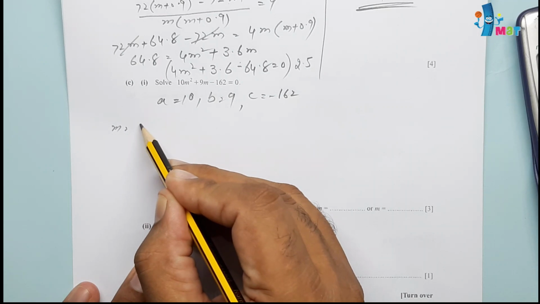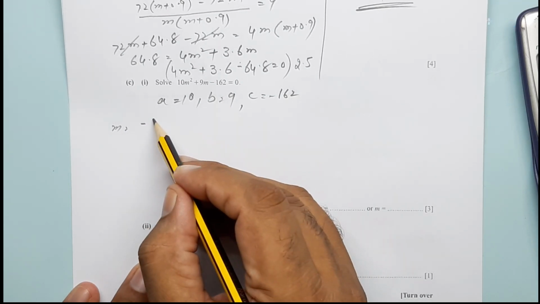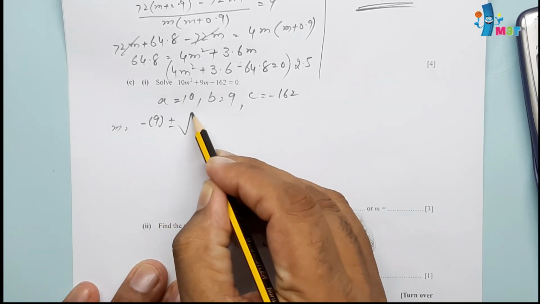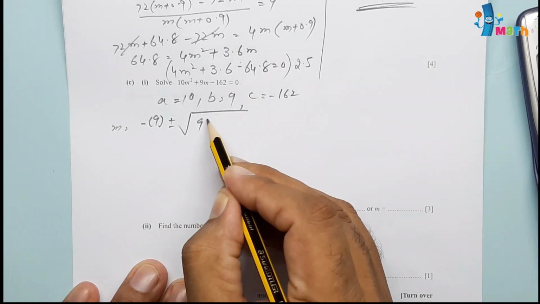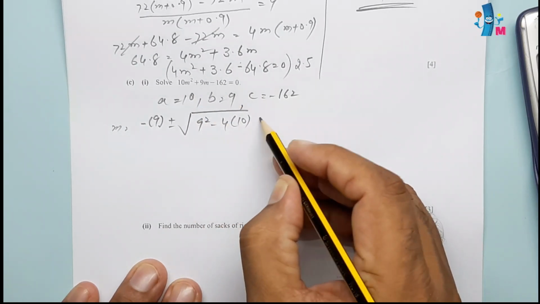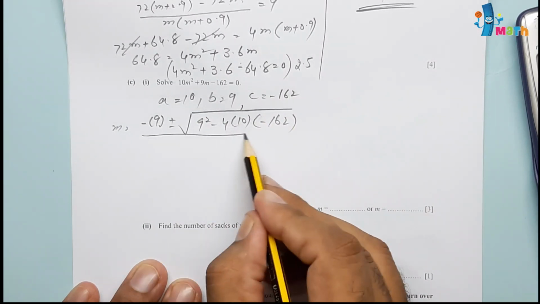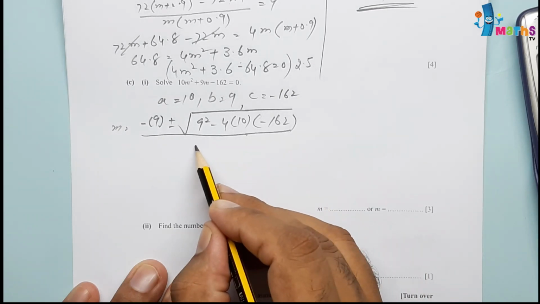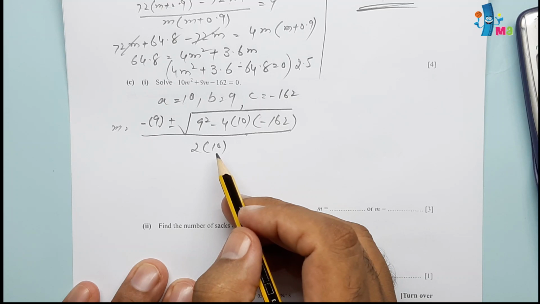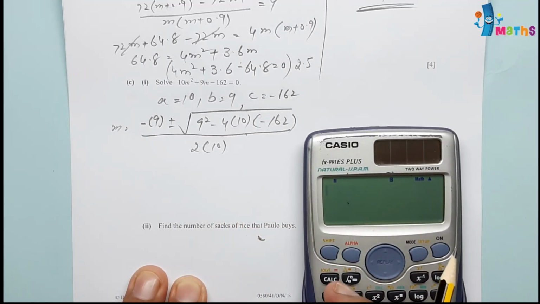So m will be equal to minus b, which is minus 9, plus or minus the square root of b squared, which is 9 squared, minus 4ac, where a is 10 and c is minus 162, divided by 2a. So a is 10, so this will be 20.